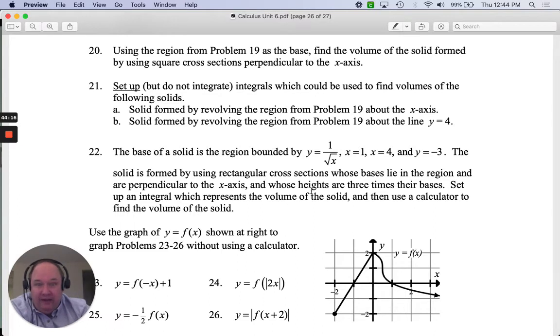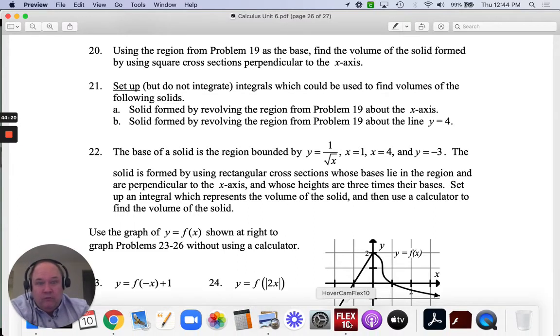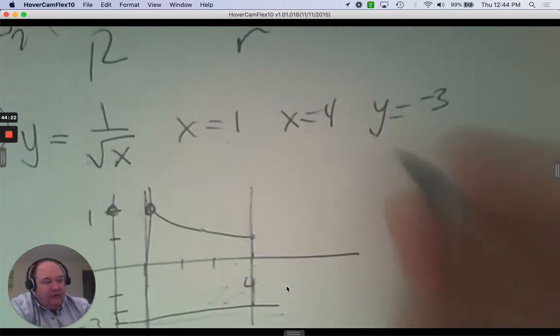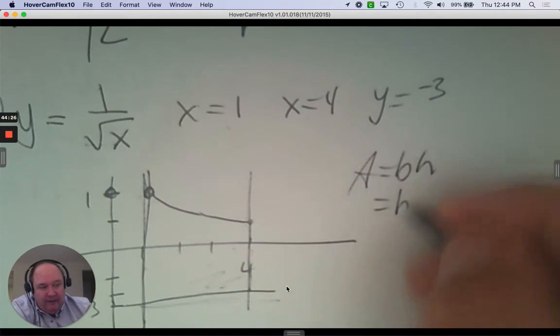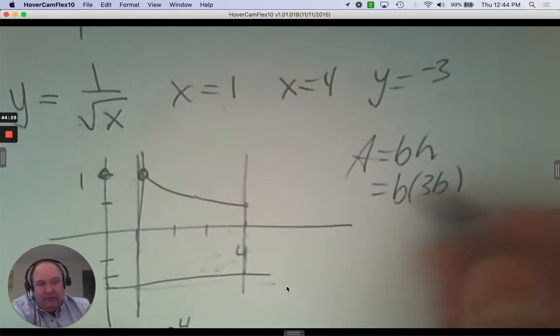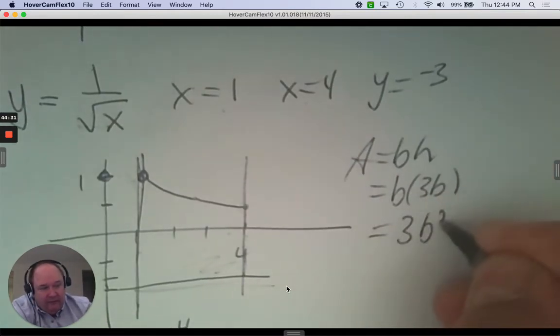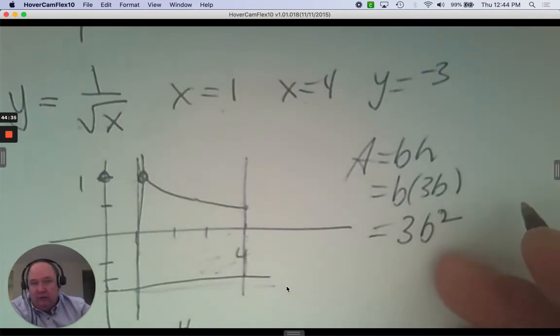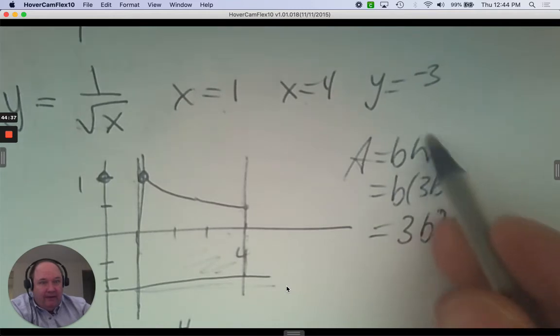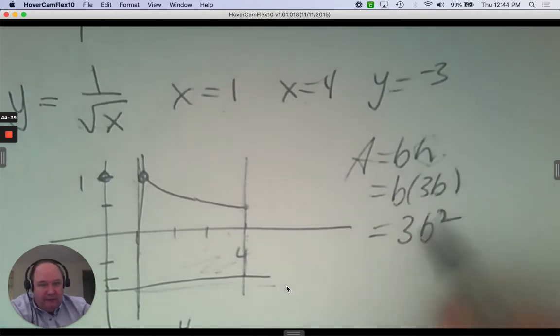And it says the heights are 3 times their bases. So if I just understand that it's base times height for a rectangle, and the height is 3 times the base, to simplify it, it's just 3b squared. So again, the height is 3 times the base, and then simplify it.